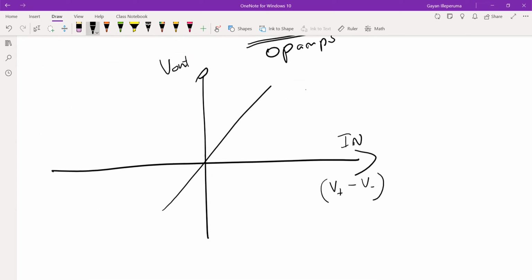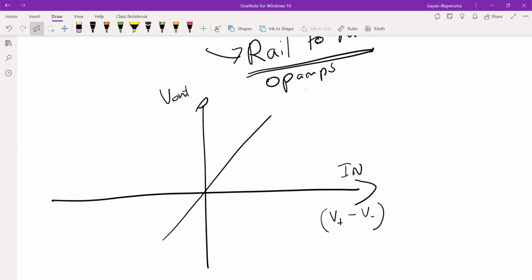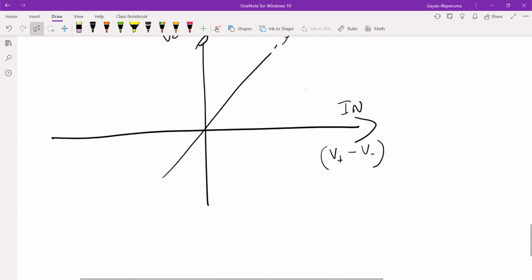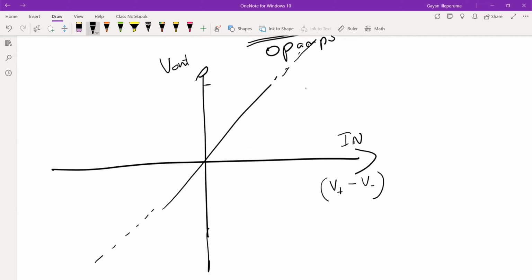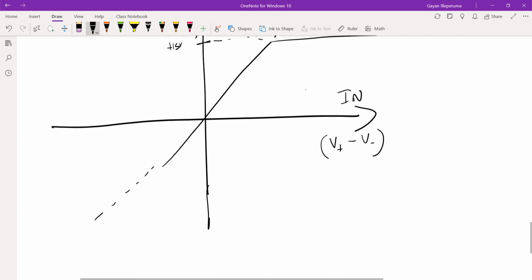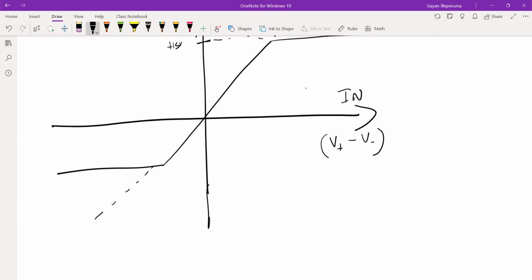However, it will not continue infinitely. Instead, at some point, it will reach its saturated value. Let's say the supply voltage is here, plus 15 or something. Then it will start saturating like this. Similarly, on this side you will have a minus supply voltage.